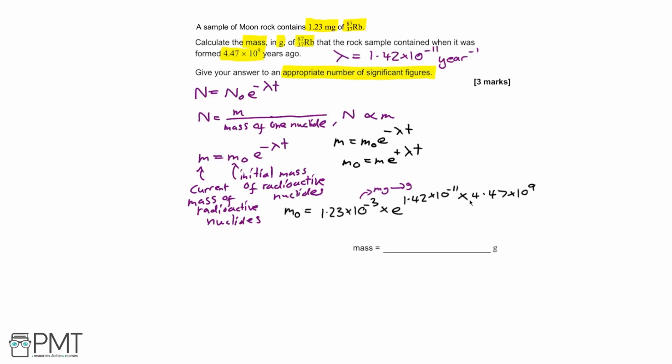So note that we didn't have to convert any units up here because the decay constant is in units of per year and the time is in units of years. Therefore, the two units cancel out, so we're fine.